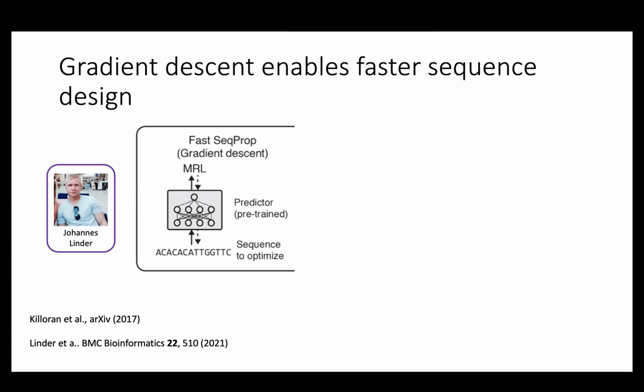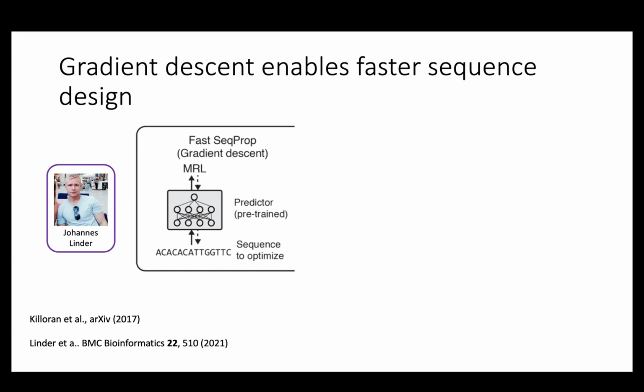The second issue is that these types of algorithms, depending on how you run them, tend to get stuck in local minima or maxima. So maybe we'll generate a lot of similar sequences that are all not quite optimal. To address the first issue, of making lots of wasteful calls to the predictor, a former student in the lab, Johannes Linder, a very talented computational biologist, developed a gradient ascent approach to sequence optimization.